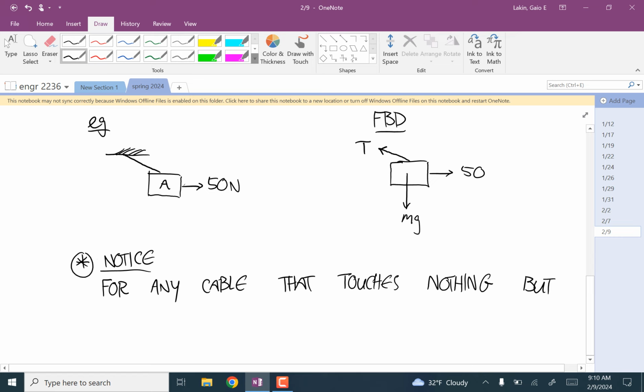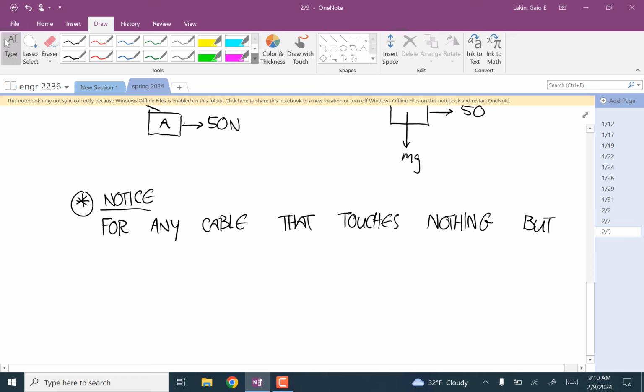Okay, so it can touch pulleys or not touch pulleys, but it can't touch emus. That's what that was in my picture, an emu.